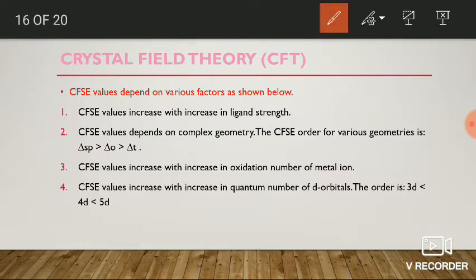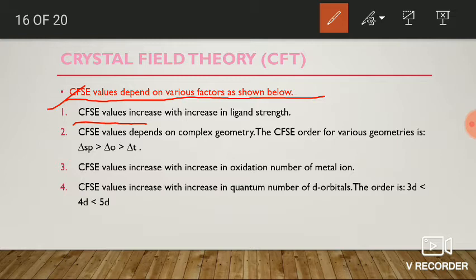Here are the factors which influence the CFSE values. CFSE values generally depend on various factors as shown below. The first one is the nature of the ligand, or strength of the ligand. CFSE is directly proportional to the strength of the ligand.